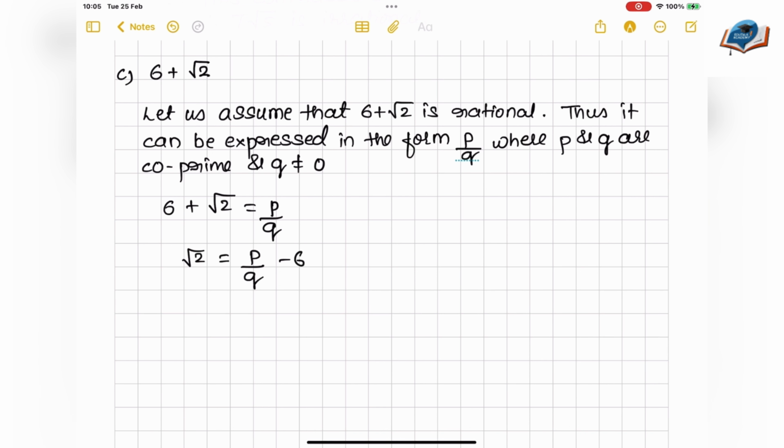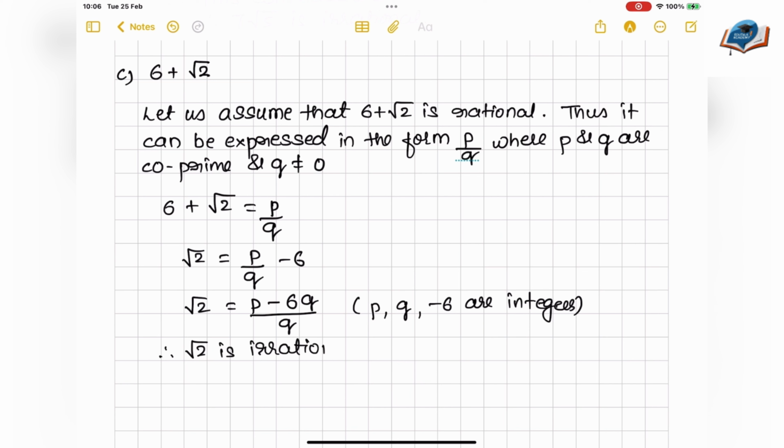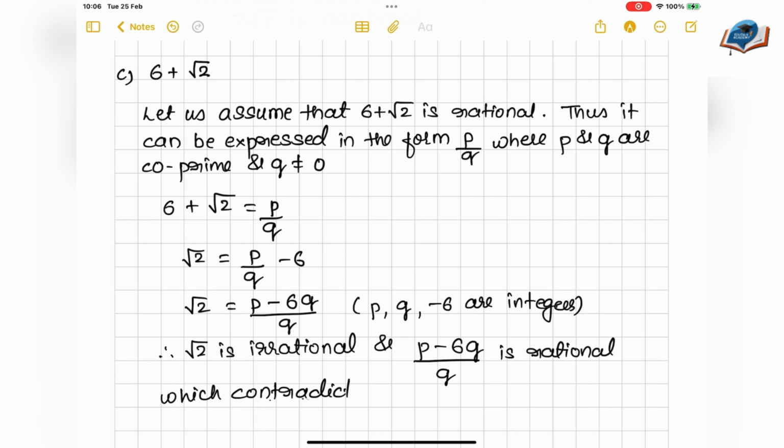So therefore root 2 is irrational and P minus 6Q upon Q is rational, which contradicts. Therefore 6 plus root 2 is irrational.